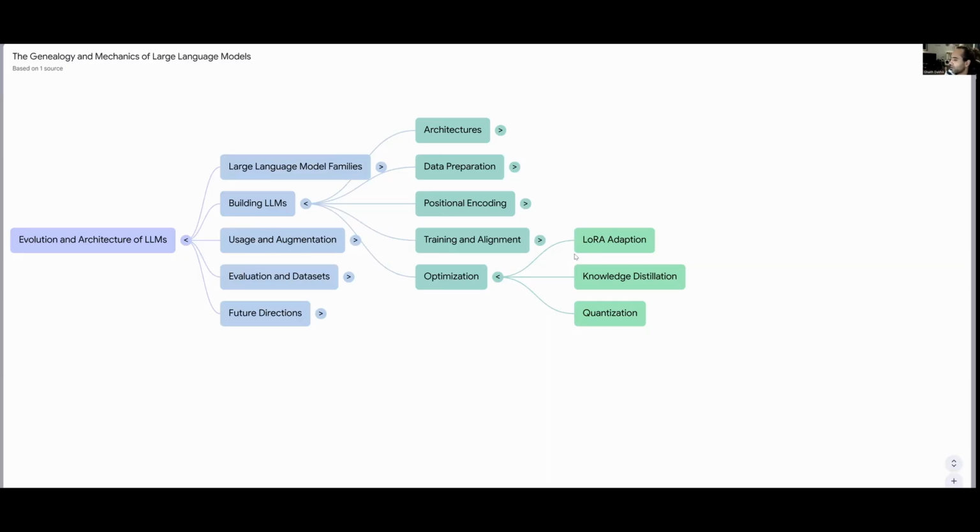And this technique is efficient because only a part of the model weights is updated instead of all of them. Also, we have what we call knowledge distillation. Here, there is a knowledge transfer from a large model called the teacher to a smaller model called the student.